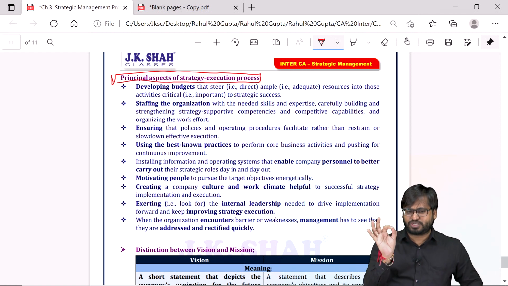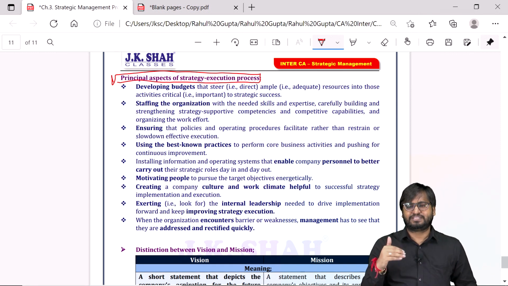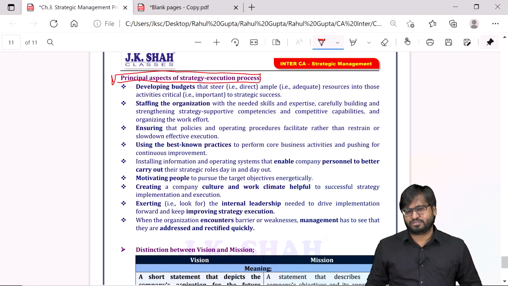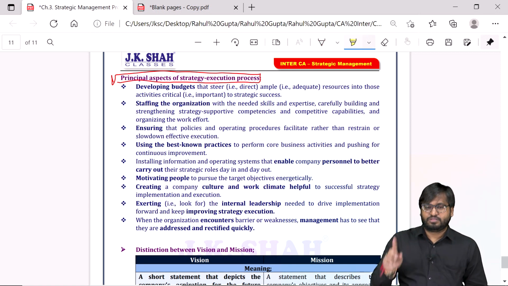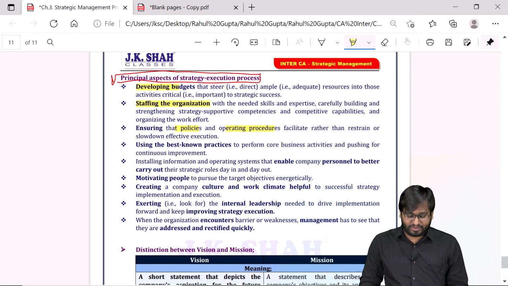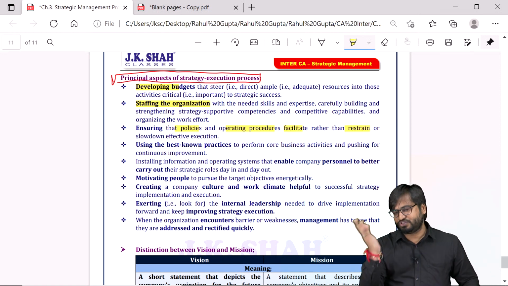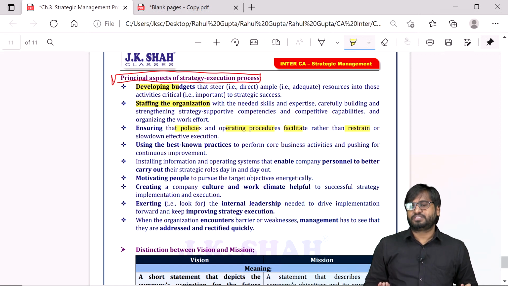A simple question, but you need to be very careful. The institute has this tendency of asking this question, right? So be careful here. The first point, developing the budget, as I told you all. Staffing the organization. Policies and standard operating procedures that will facilitate rather than restrain, that will help us perform well. Whether we should give discount, no discount, credit, no credit, how the machines are to be used.